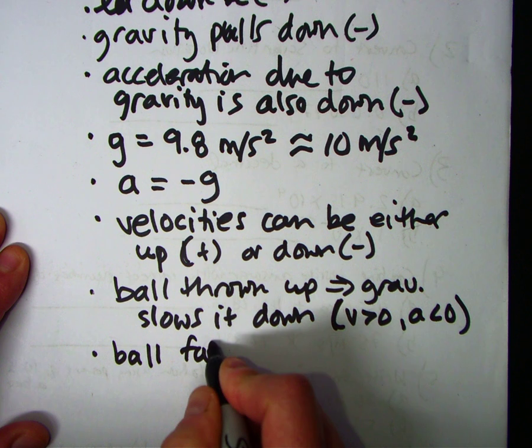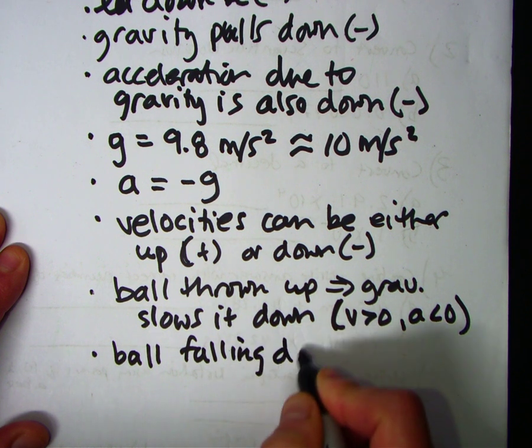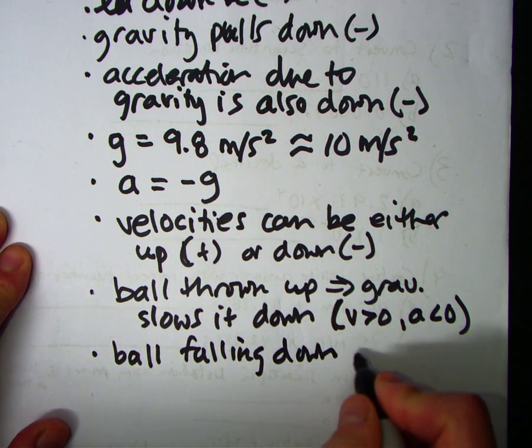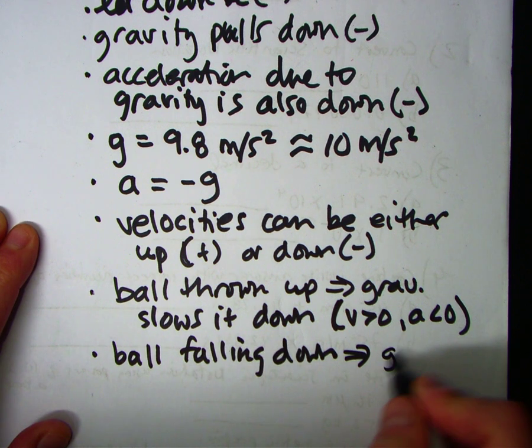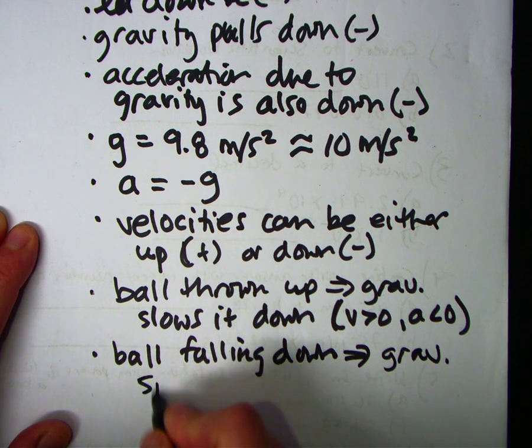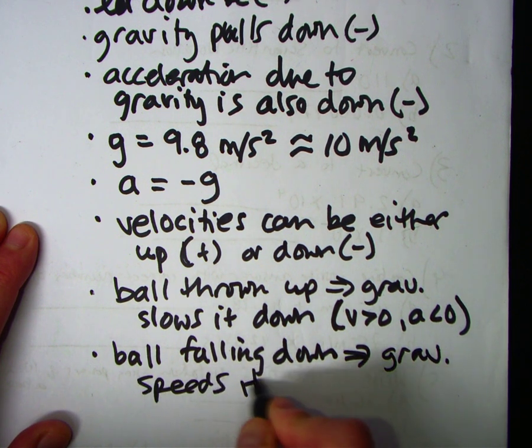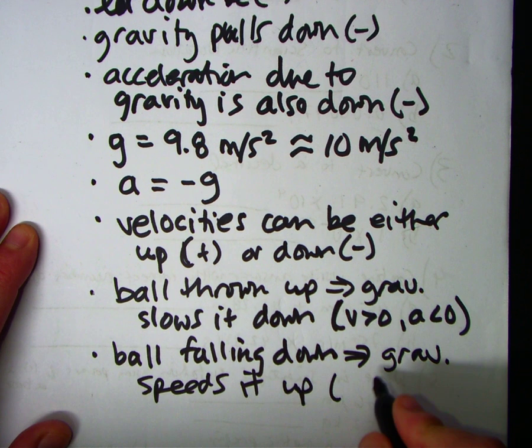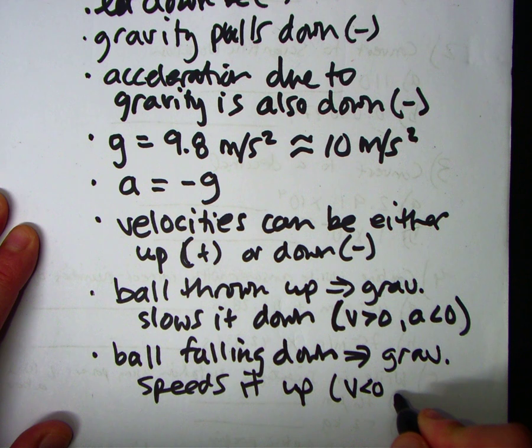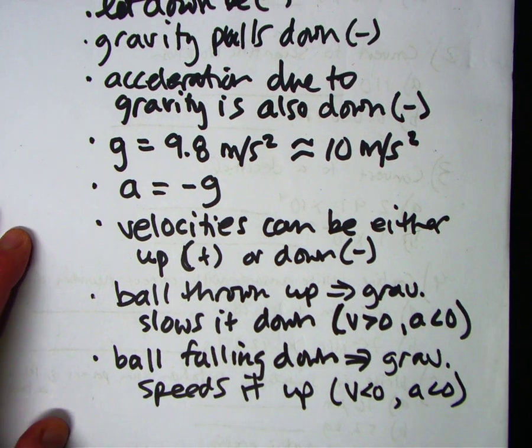For a ball falling down, gravity speeds it up. So that would mean for downward, velocity is going to be negative and acceleration negative. So when the signs match, we have speeding up.